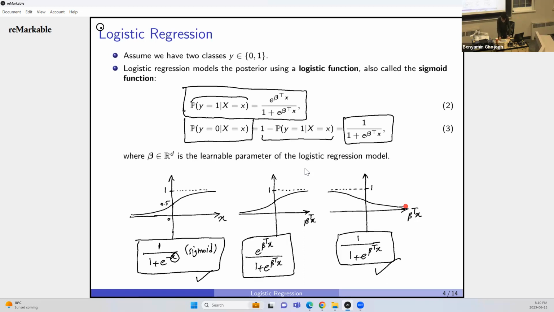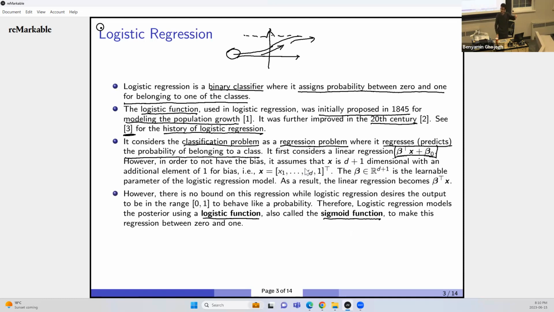As you see, they have opposite behaviors, because when one of them goes to 0, the other one should go to 1. And beta here is a vector of parameters. You remember I said it's using some kind of linear regression, beta transpose x plus beta 0, but it's unbounded, so it's using that inside the logistic function.